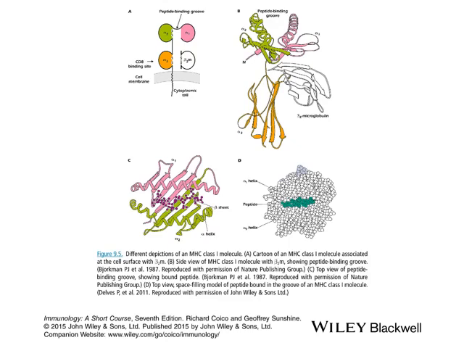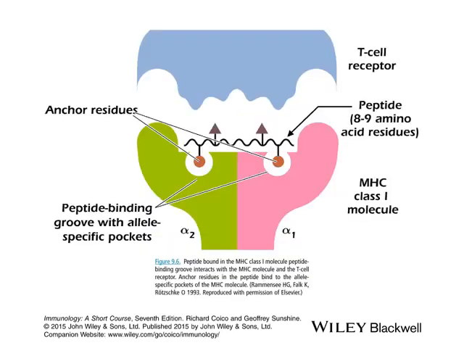You can see from here the actual crystallography. But in cartoon form, if I were to look at a cartoon of MHC class 1, you have alpha 1, alpha 2, a peptide binding groove, and then the peptide has to properly anchor there and present to the T cell. But it can only take 8 to 9 amino acid residues.